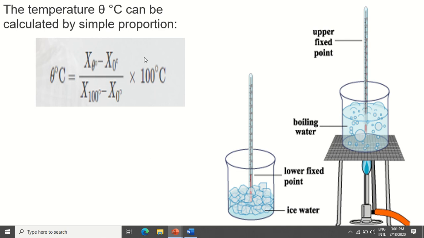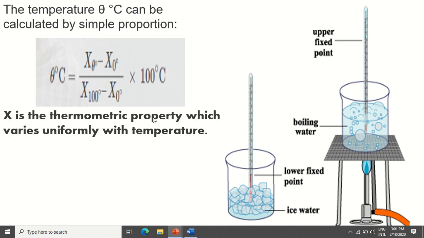So by this equation we can calculate temperature in the centigrade scale. Here theta degrees Celsius means the temperature which we will determine in the centigrade scale. Theta degrees Celsius equals (x theta minus x 0) divided by (x 100 minus x 0), times 100. Dear students, I am explaining this.